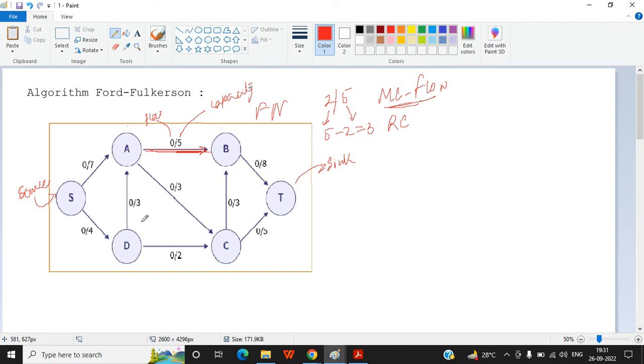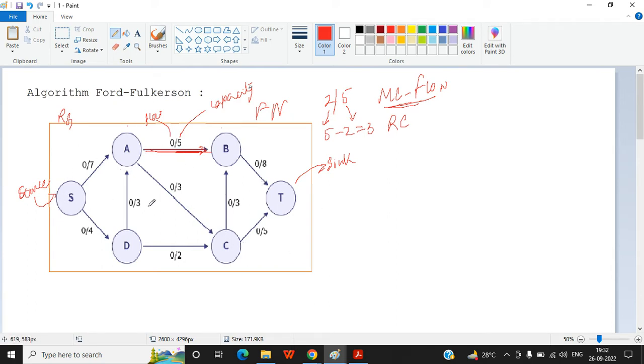This graph is also known as the residual graph. What is a residual graph? A residual graph is such a graph which contains the residual edges, meaning we have the remaining capacity for all the edges.